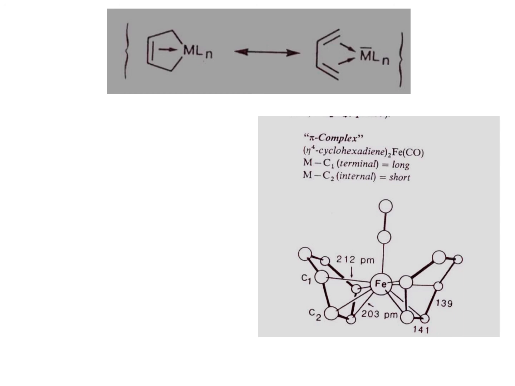And as a result, the bond distances between C1 and iron are longer than C2 and iron. We will continue our discussion of metal butadiene complexes and metal alkyne complexes in further lectures.